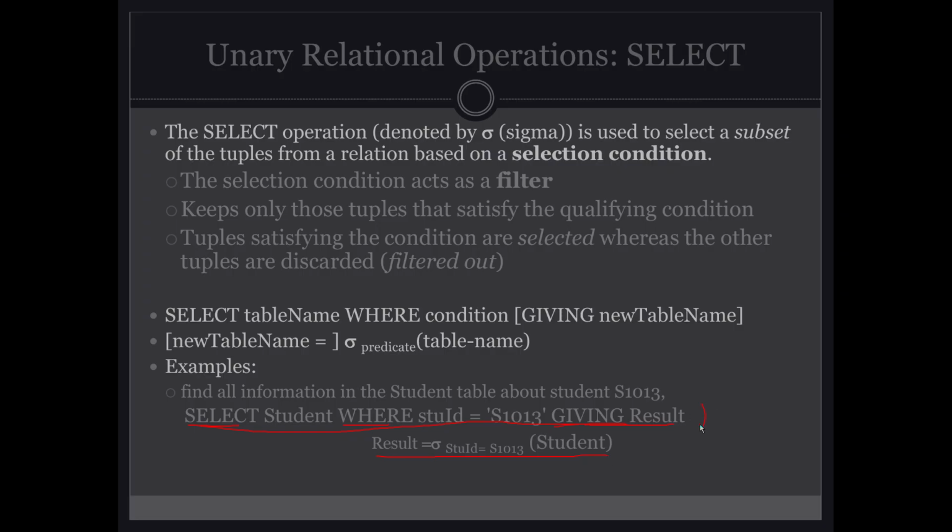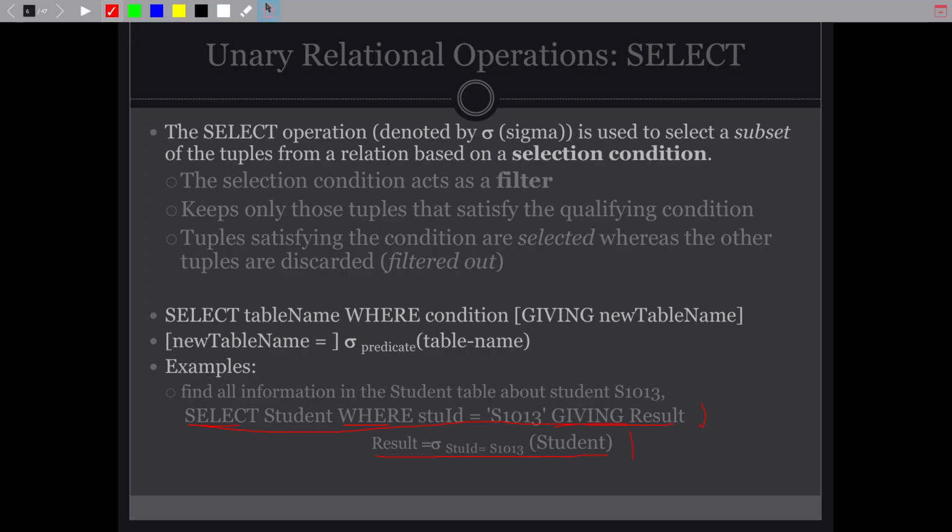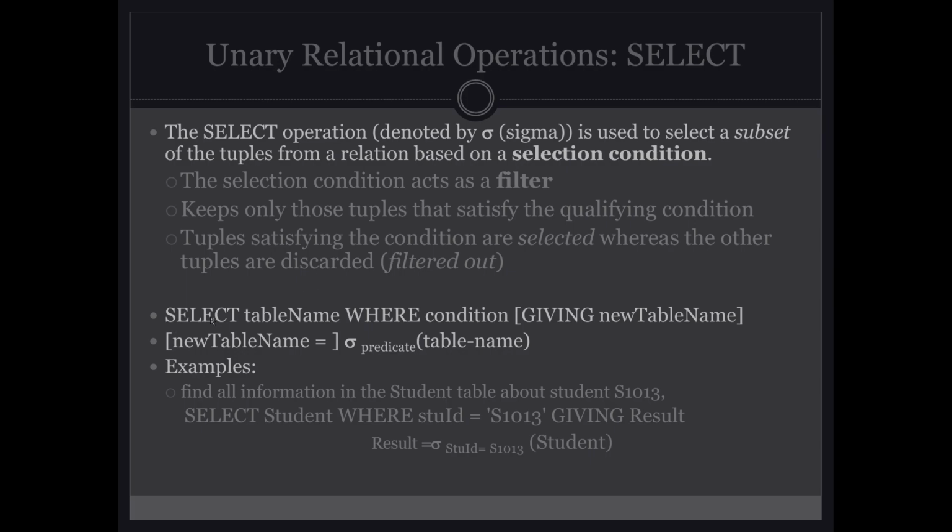You might not have to know this right now for the midterm, let's say, but this you definitely need, okay? So the basic syntax for this one is select, where, and giving keywords. And then here you write the name of the original table that you're going to be operating on.